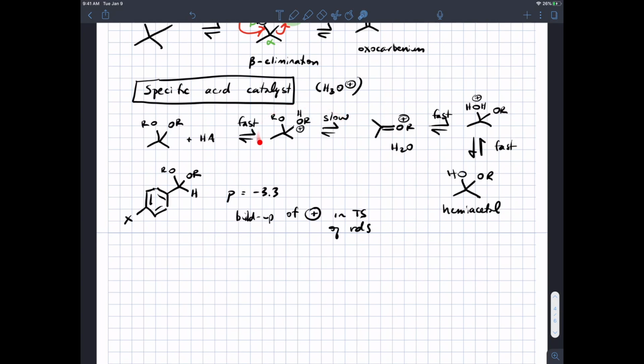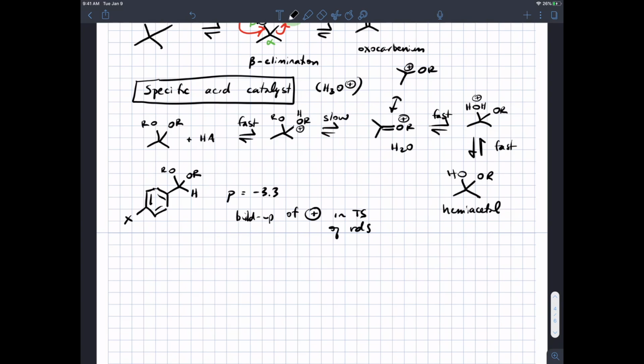And we said that this step, the elimination step, is slow, which would involve buildup of positive charge on the, we say on the carbonyl oxygen, but remember that you've also got this resonance structure where more of the positive charge is on the carbonyl carbon. So the kinetic evidence is consistent with the elimination being the slow step.